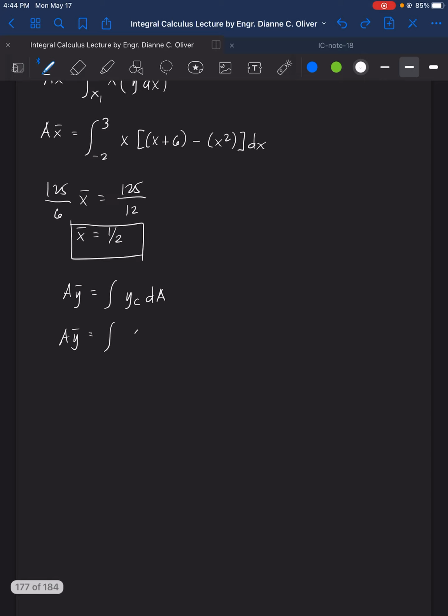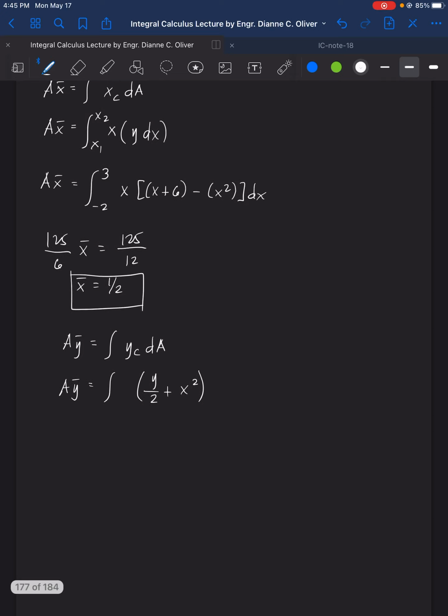So yc is y over 2 plus x squared. Then dA is y dx. Then the limits are x1 to x2 because of dx. We are not done yet here because we need to make this as x.